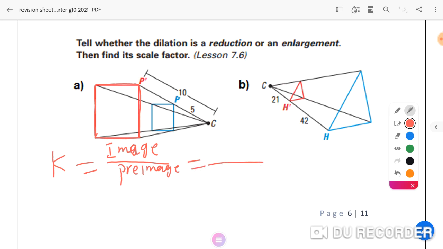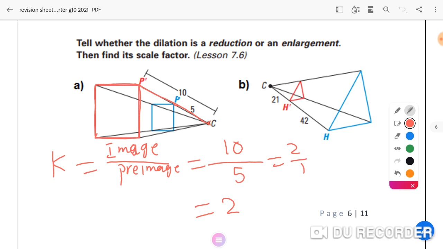So, in order to find out the scale factor equals image length, and we are required to find out what is the distance from the center of dilation to the image, and it's given, which is 10. Okay? Pre-image is simply the distance from the center of dilation to the original shape, which is 5. So it will be 2 over 1, and the scale factor equals 2.